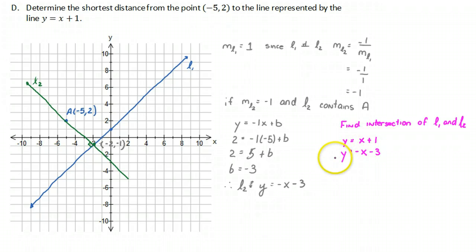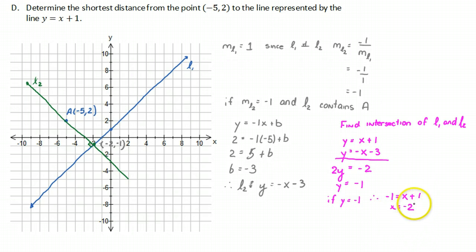Let's add these 2 equations. So we're going to get 2y is equal to negative 2, y is equal to negative 1. Perfect. If y is equal to negative 1, therefore negative 1 is equal to x plus 1, x is equal to negative 2. Therefore, the point of intersection, the POI, is negative 2, comma negative 1. And again, I can come back to my graph and look, and I feel good about that.